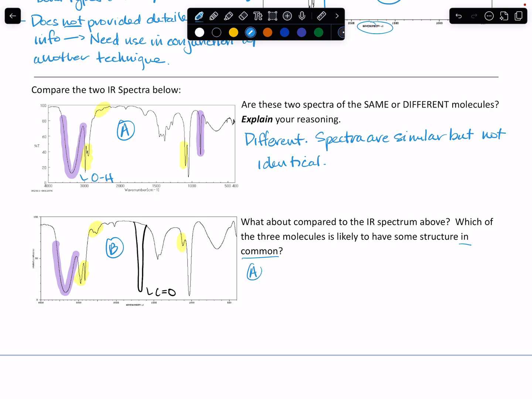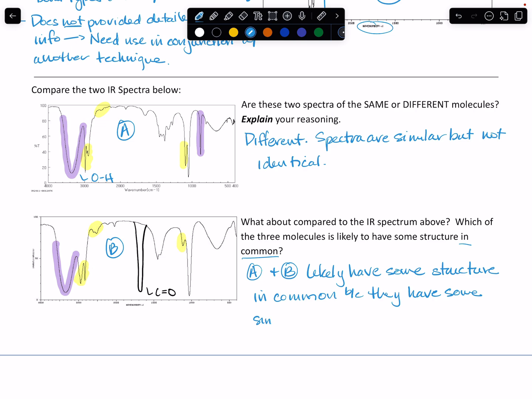There I would say A and B likely have some structure in common, because they have some similar bands in their spectra.